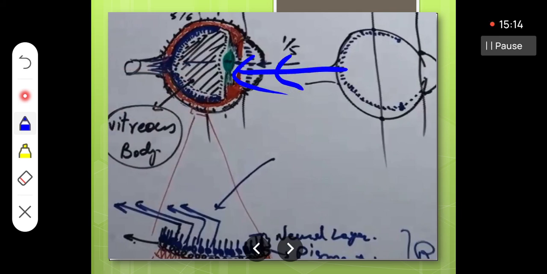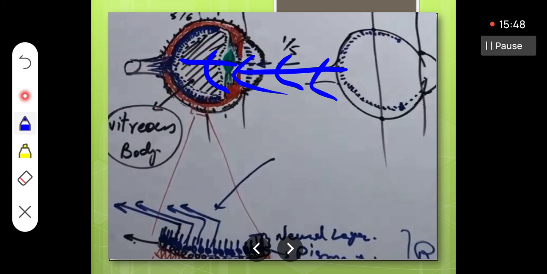It passes through the cornea, then the aqueous humor and pupil, then through the lens, then through the vitreous humor, and then it falls on the retina and stimulates the rod and cone cells.